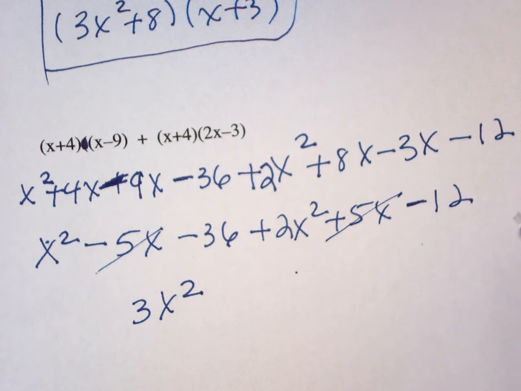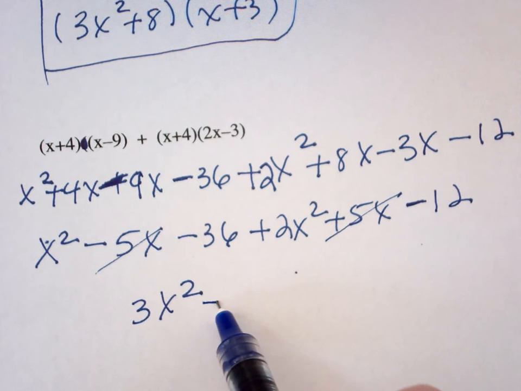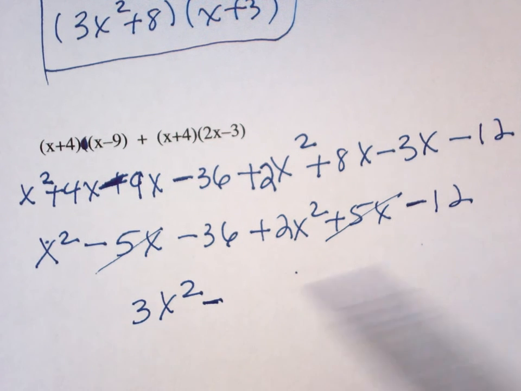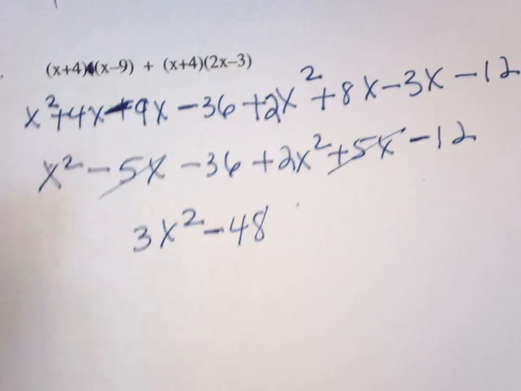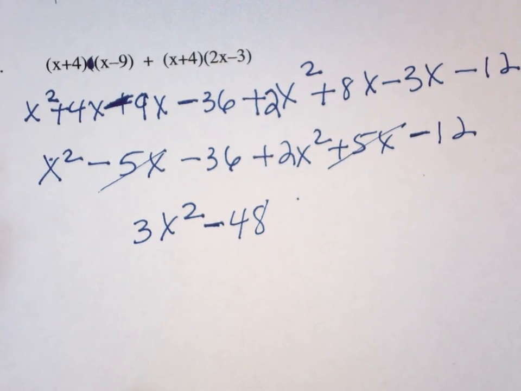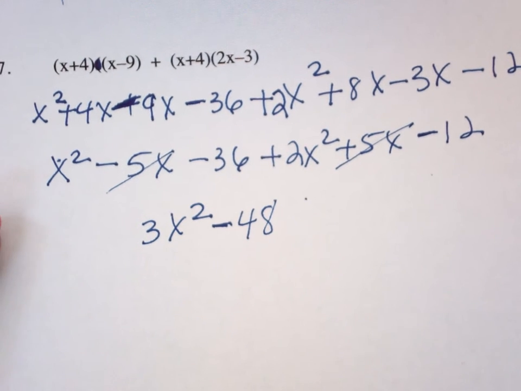Minus 36 and a minus 12 is a minus 48. So all of that combined together gives me 3x squared minus 48.